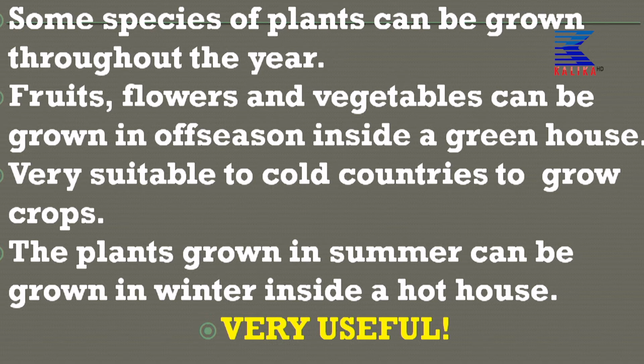Fruits, flowers and vegetables can be grown in off-season inside a greenhouse. Off-season means naturally this is not the season of those fruits or flowers, but they can be grown any season, any time, any month of the year. No concern about the month, no concern about the seasons, no problem.